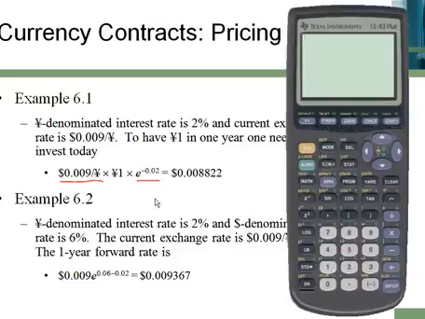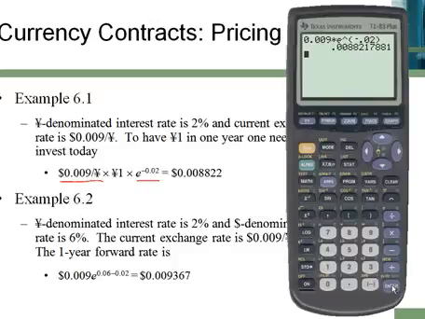So we take today's spot rate of $0.009 per unit of foreign currency, and then we multiply that by e to the power of negative 0.02. Alright, and then of course we get our answer, the prepaid forward contract price of 0.00882.